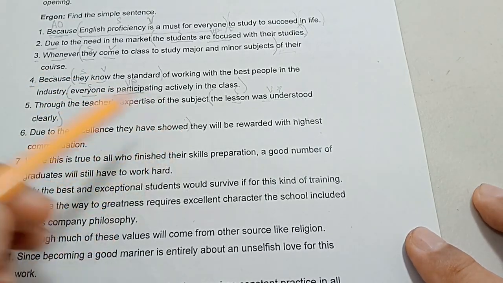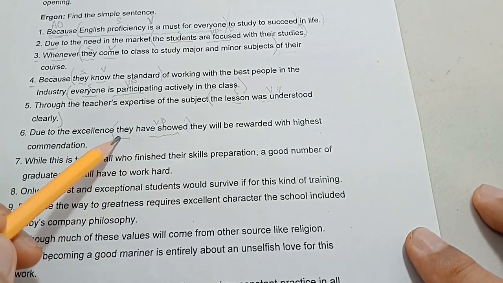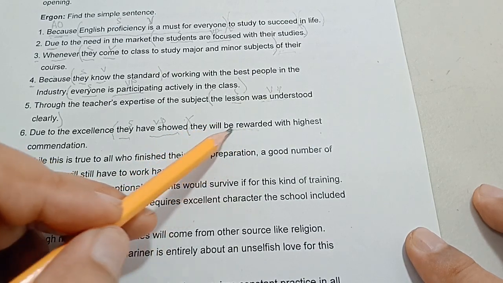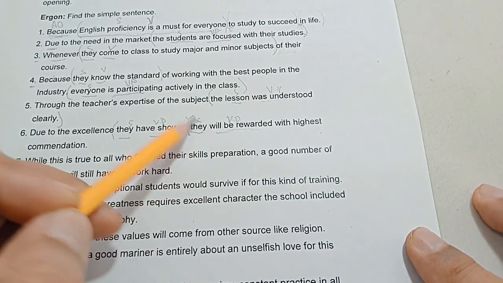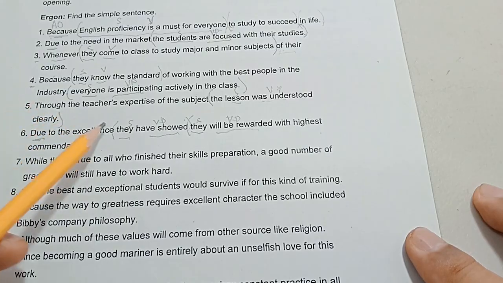Okay, so you have they have showed. Okay, verb phrase and subject. And you have here another one, will be rewarded as your verb phrase and they as a subject with highest commendation. So, ang opener niya, due to the excellence. You have the adverbial opener and therefore, itong to ay infinitive phrase. Kasi galing sa due. Alright?